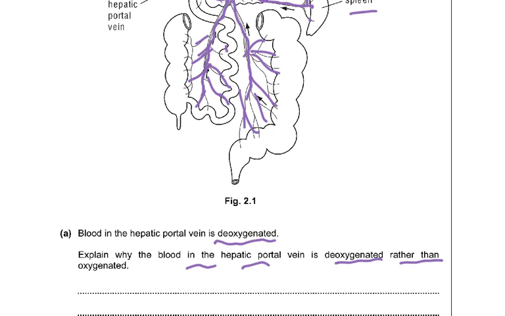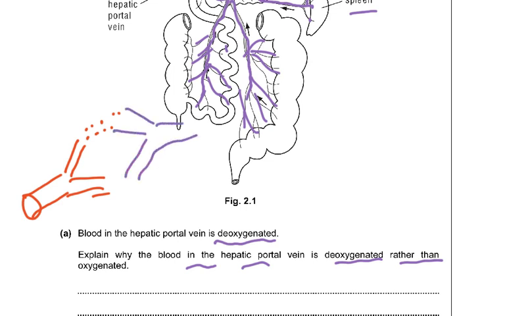First of all, what you have to understand is there's an artery, and the artery divides into arterioles, and then there are capillaries, and then there are venules, and then vein. So basically, every organ has an artery, arteriole, capillaries, venule, vein. So why does a vein always carry deoxygenated blood?